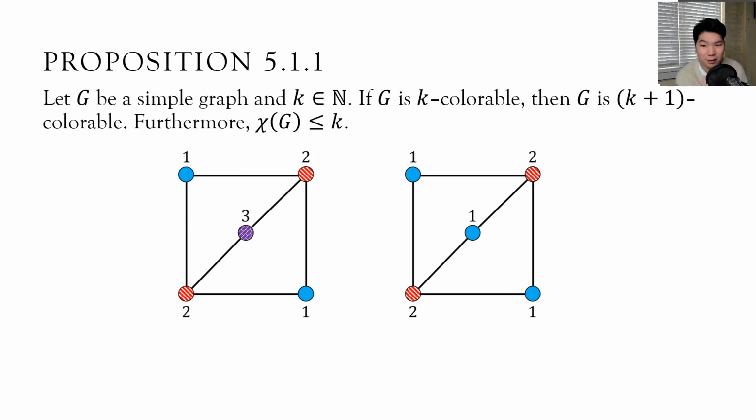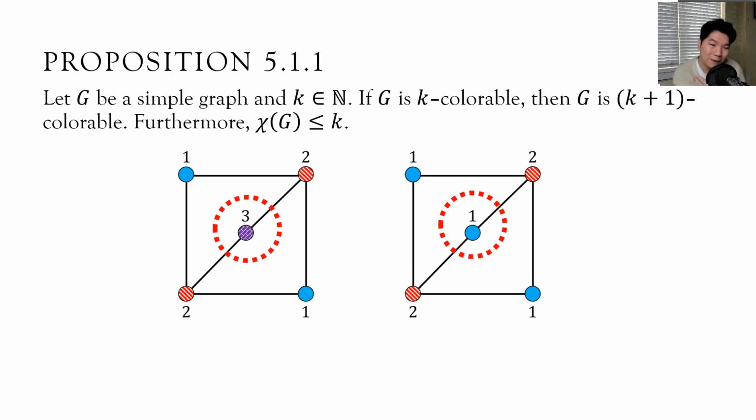If I look at my two coloring on the right, and I just choose any vertex, I'm going to use this middle one for convenience. If I change this middle color to a new color, that is a K plus 1 color, or in this case, the color 3, then I get the graph on the left.